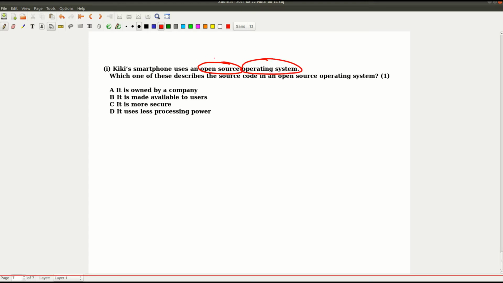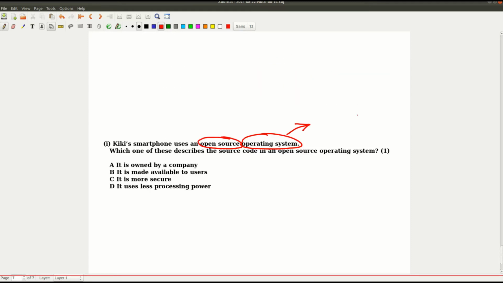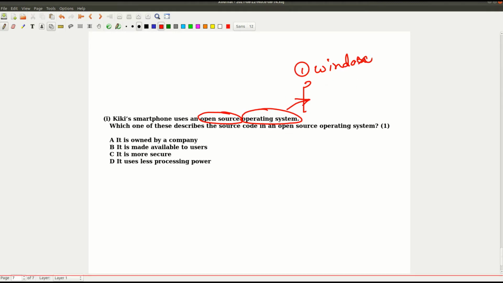Operating system is what we are using. Most of the people in Bangladesh are using Windows. Windows is an operating system. Another one is Mac. The third most popular one is Linux. I don't know if you guys know or not.